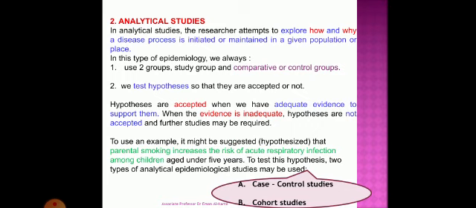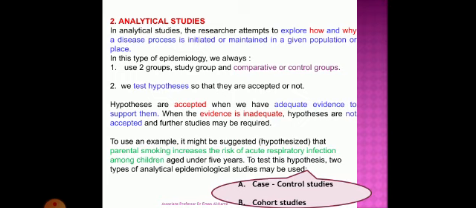To use an example, it might be hypothesized that parental smoking among parents increases the risk of acute respiratory infection among children aged under 5. There is an assumption, for example, if we make a cross-sectional or longitudinal study, and we saw that respiratory infection is more common among children whose parents are smokers.